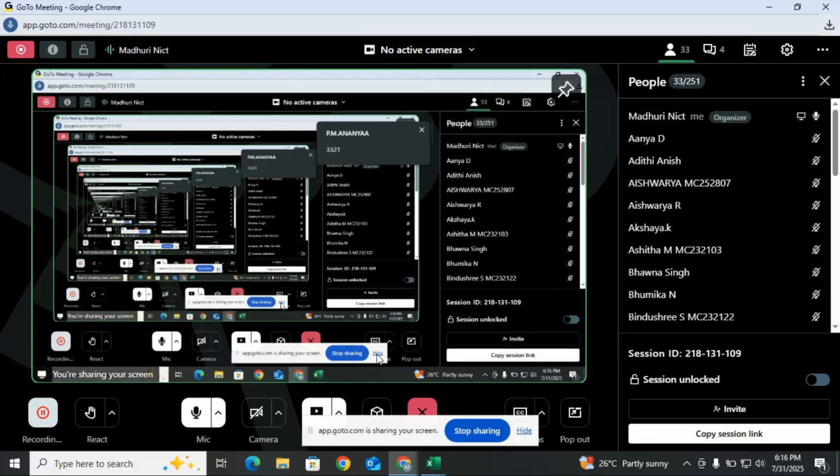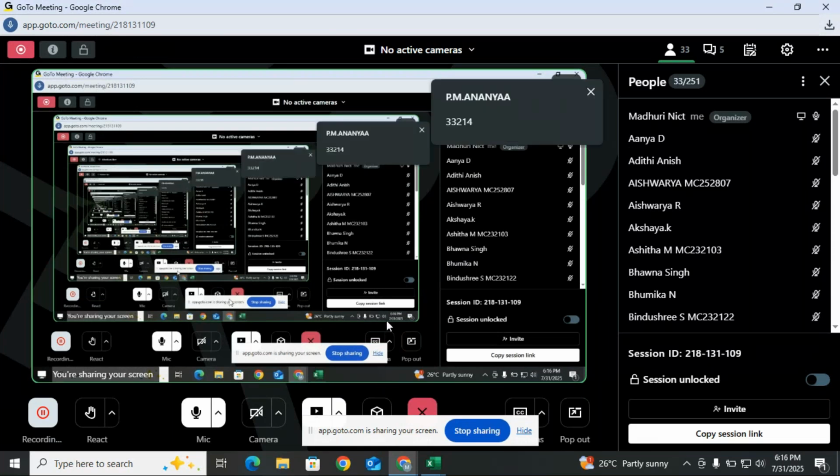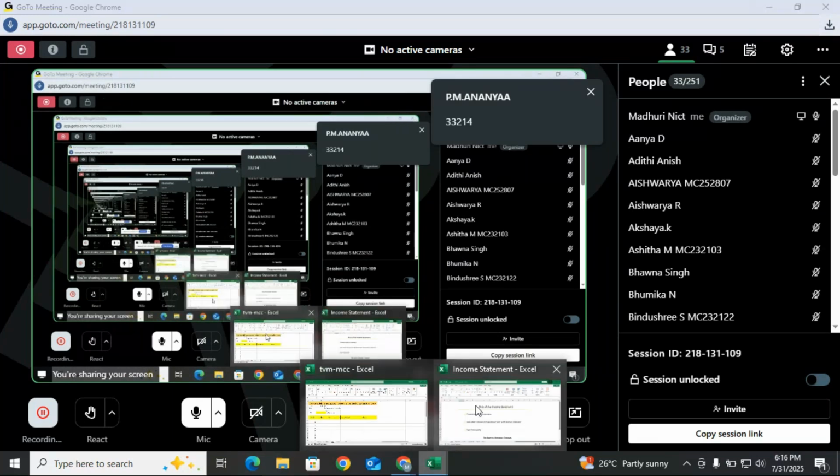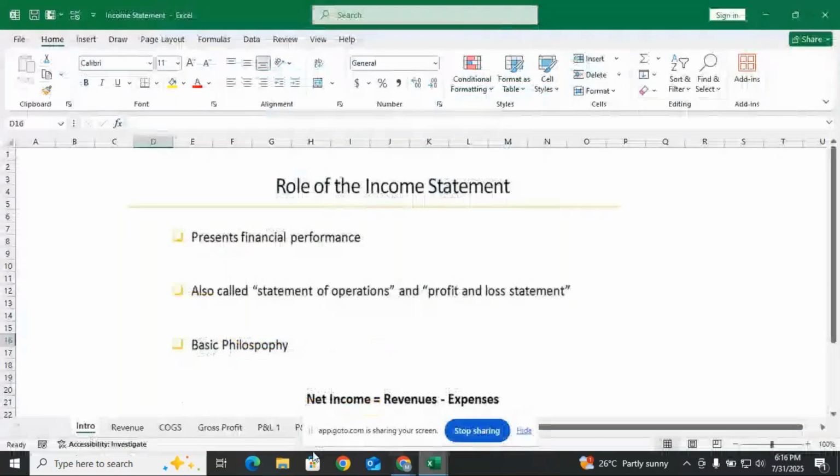Ananya says 3,321. And what happened to that last digit? Yes, 33,214, it's the right answer. Now for the ones who have not got it, let me show you.